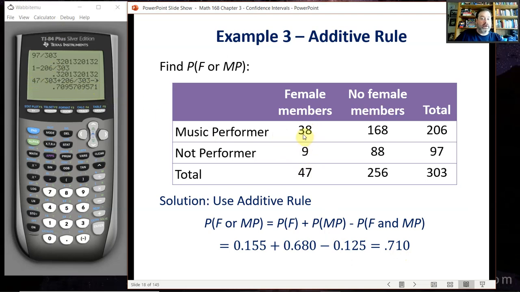If we're adding all the music performers, that's 38 plus 168 to get us this 206. But we just counted this 38 twice. We counted it in this column and we counted it in this row. Well, you can't count something twice, that doesn't make sense. So you have to subtract it off, and that's why we subtracted the 38. And that's why we got our answer.